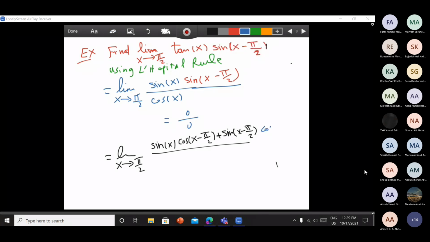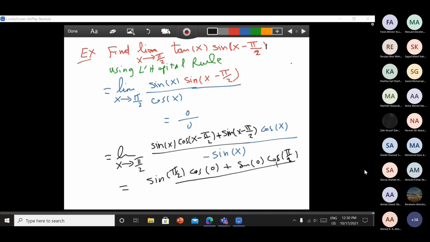What is the derivative of sine? It is cosine x. What is the derivative of cosine in the denominator here? Minus sine x. Now, if you substitute by pi over 2, you have sine pi over 2 cosine 0 plus sine 0 cosine pi over 2, over minus sine pi over 2.